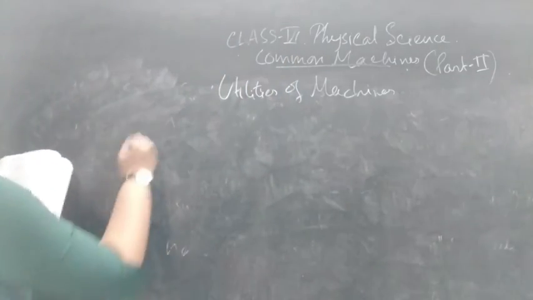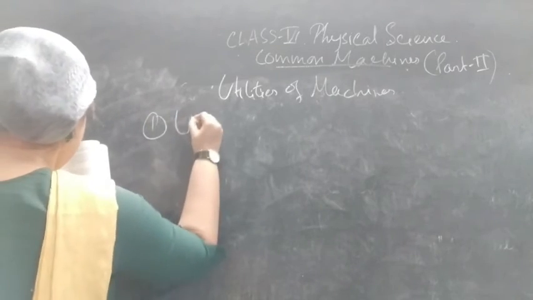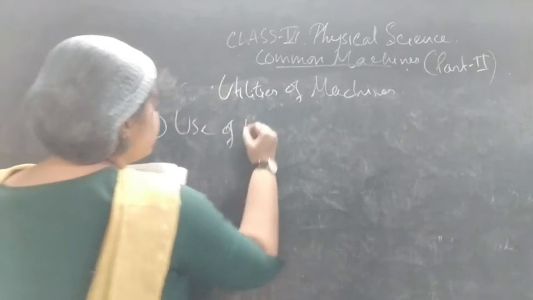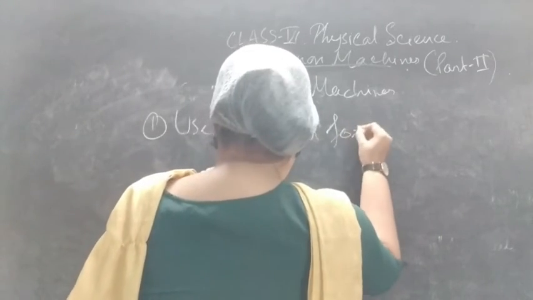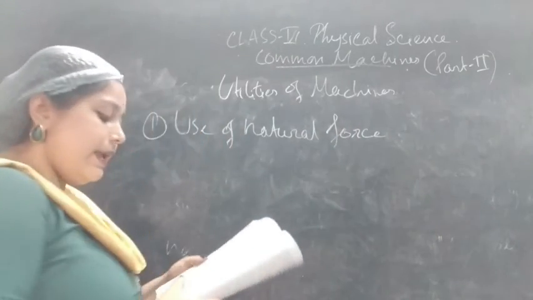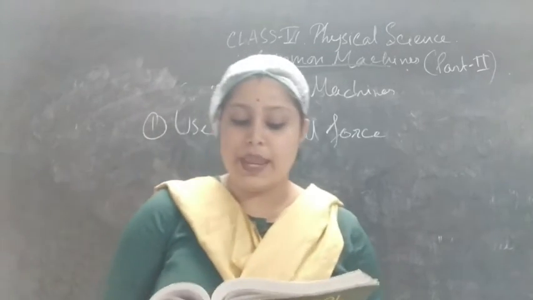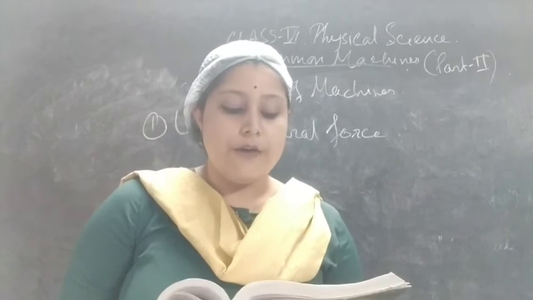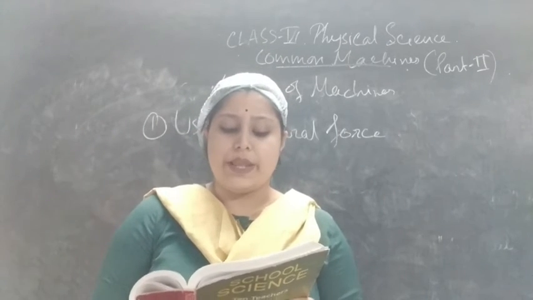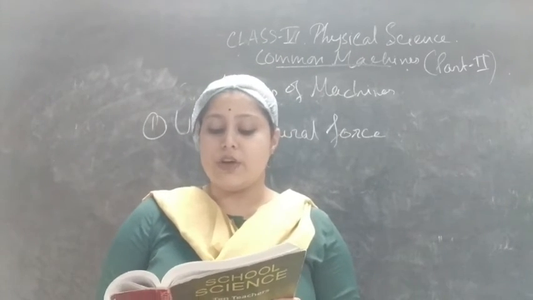Okay, so there are some utilities of the machine. The first is use of natural force. Machines have made it possible to harness the forces of nature in the service of man.